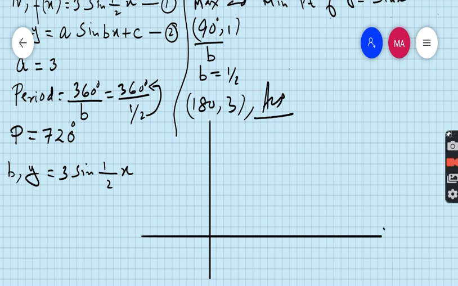This is x and this is y. So amplitude is 3. So 1, 2, 3. And if I take 30, 60, 90, 120, 150 and 180.